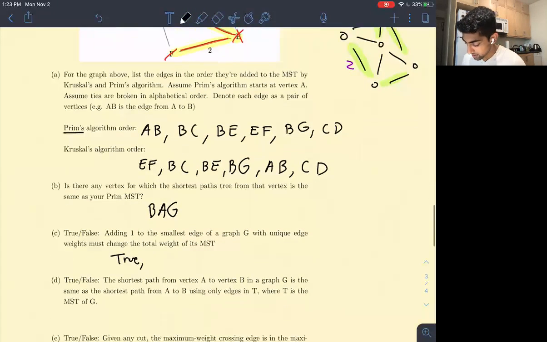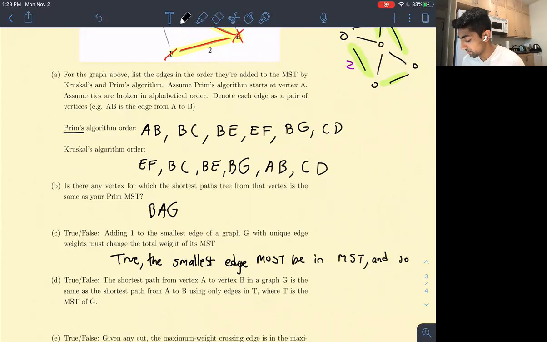And a justification, just to reiterate: the smallest edge must be in the MST, and so increasing its weight increases the weight of the MST.